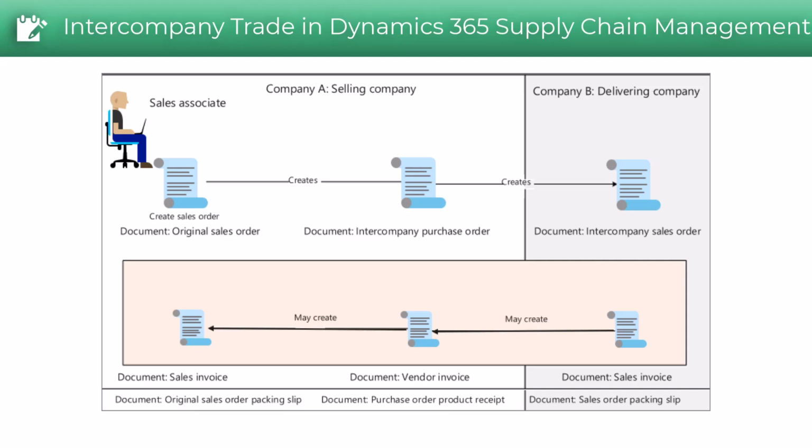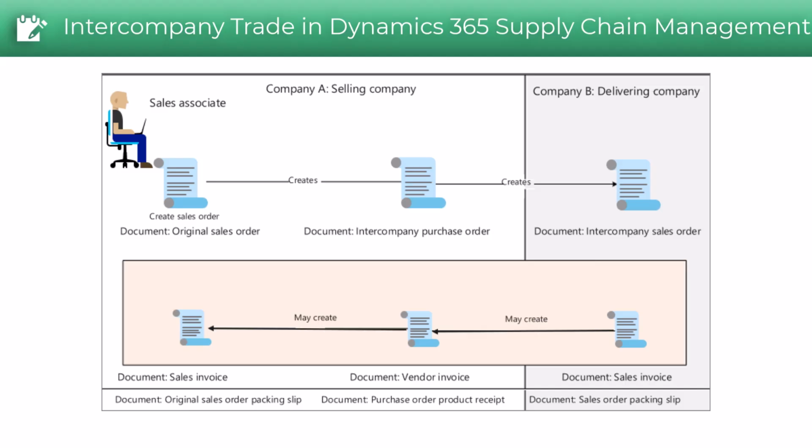Dynamics 365 automatically creates an intercompany purchase order in company A and an intercompany sales order in company B. In simple terms, Zara HQ, company A, tells its own manufacturing subsidiary or legal entity, company B, to supply the goods. No need for manual re-entry of the data. The system mirrors the order on both sides by itself.